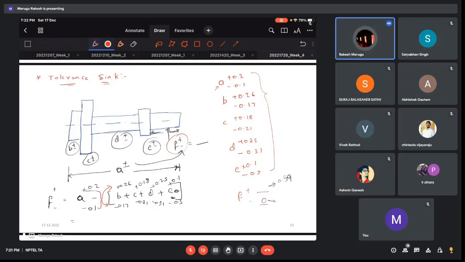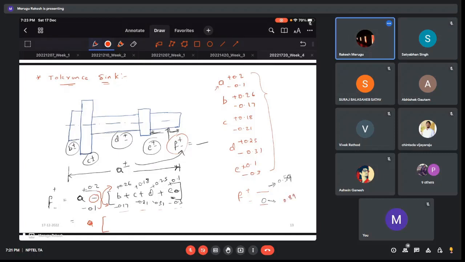So you have to take a positive 0.2 minus all these values, considering this value as well. So that would be 0.89.